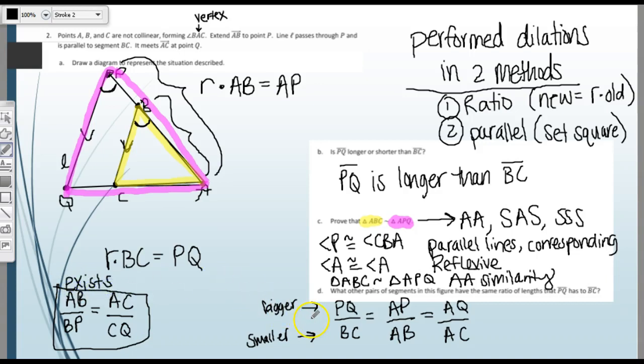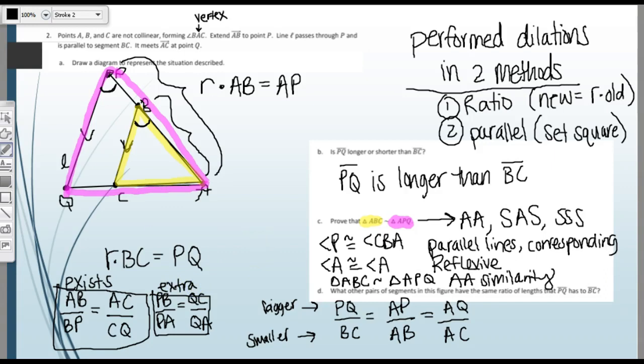It doesn't match with the one in part D. It just is there. You could also say PB over, let's see, yeah, PA. Yep, that one would work as well. Set equal to QC over QA. That's just another extra one that exists.